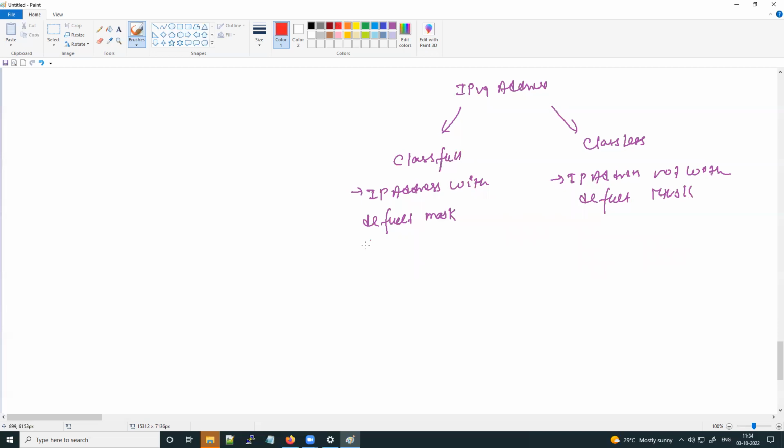For class A, what is the default mask? /8. Class B is /16, class C is /24. If we have an IP address with the default mask, that means it's a class full IP address. An IP address without the default mask is a classless IP address.